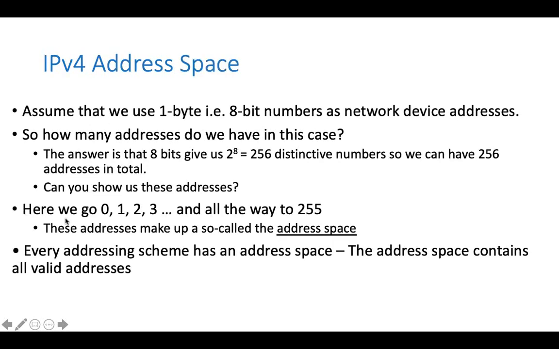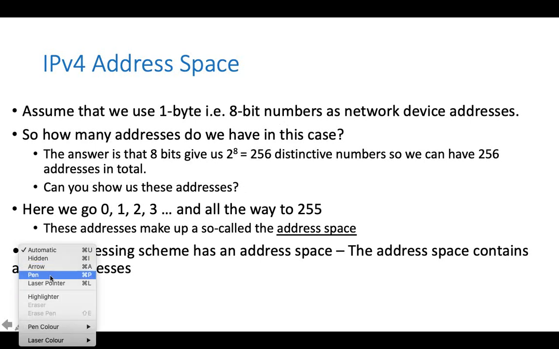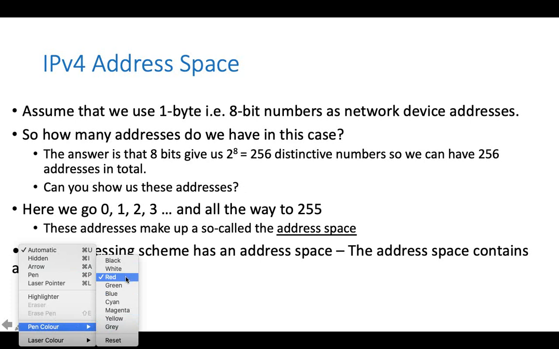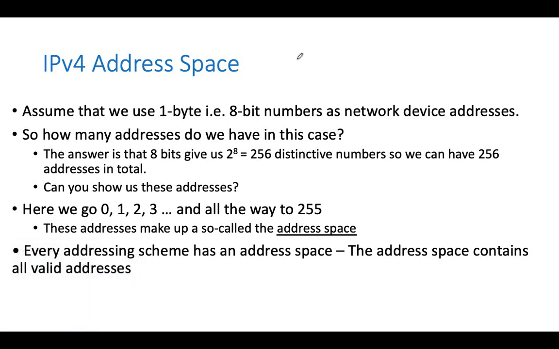So what exactly are IP version 4 addresses? Last week we mentioned that IP version 4 consists of 4 bytes or 4 octets, as they call it. Each one can carry from 0 up to 255, which is in total 8 bits.